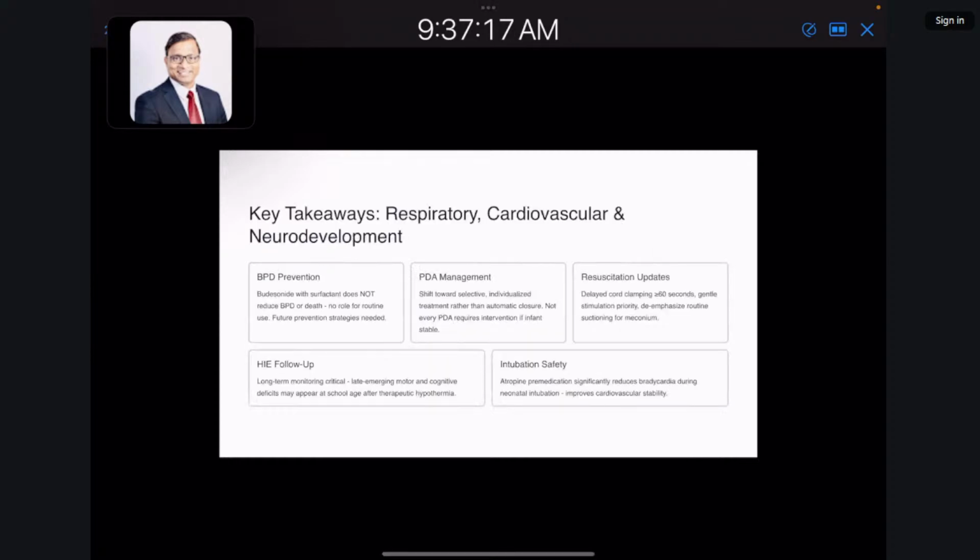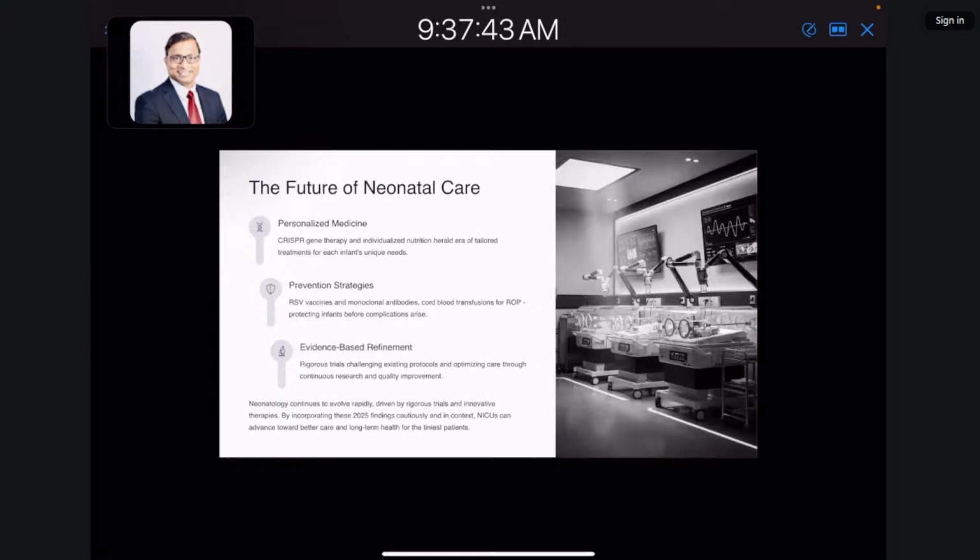Budesonide with surfactant does not routinely reduce bronchopulmonary dysplasia, and prevention strategies need innovation. Selective PDA management is preferred over automatic closure. Delayed cord clamping and gentle resuscitation remain the core delivery practice. Intubation safety improves with atropine premedication, and long-term follow-up of HIE is critical for identifying late deficits.